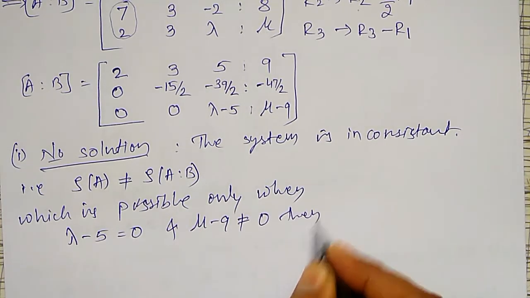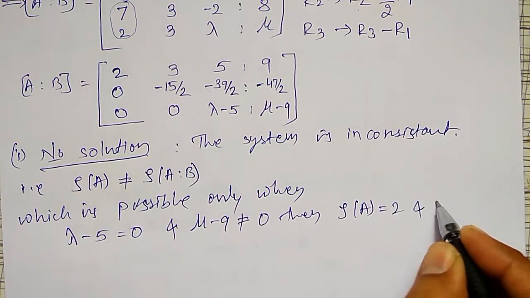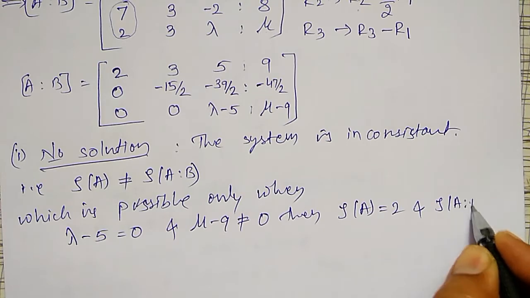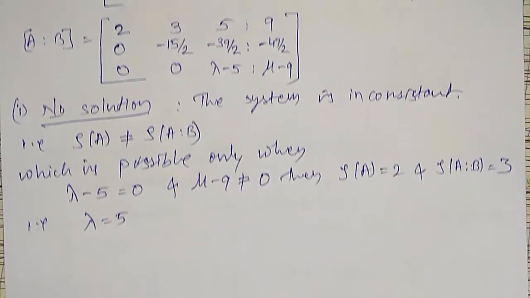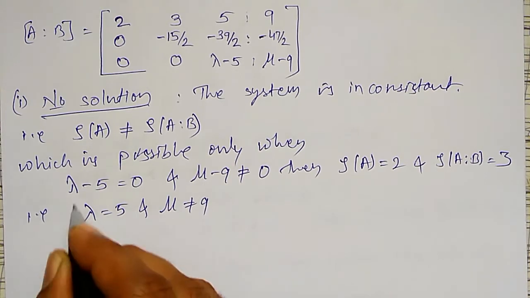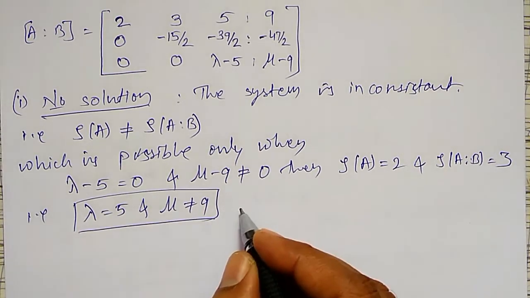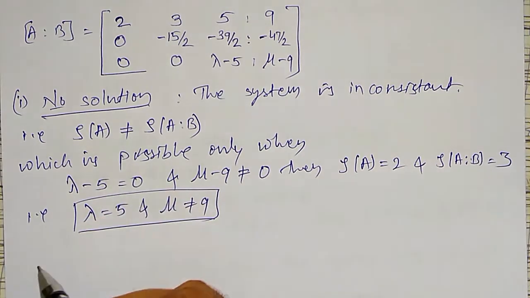Then rank of A will become 2 and rank of A colon B will become 3. That is, lambda must be equal to 5 and mu must not be equal to 9 to get no solution.